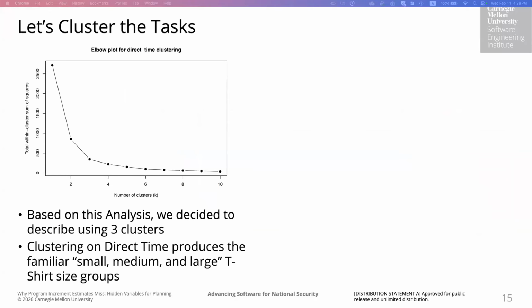So for clustering, we used k-means clustering. I experimented with a few other approaches like PAM and density-based methods, but k-means produced the cleanest and the most interpretable separation. The elbow plot that we see on the left over here shows a clear inflection point at k equals 3. So we decided to select 3 clusters.